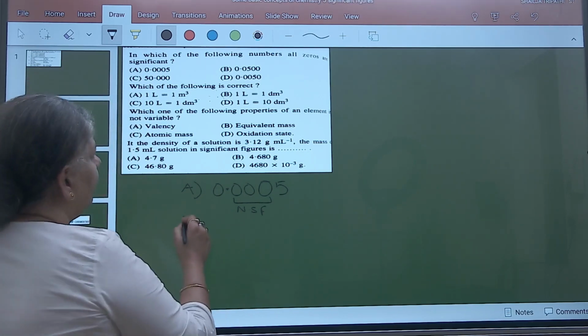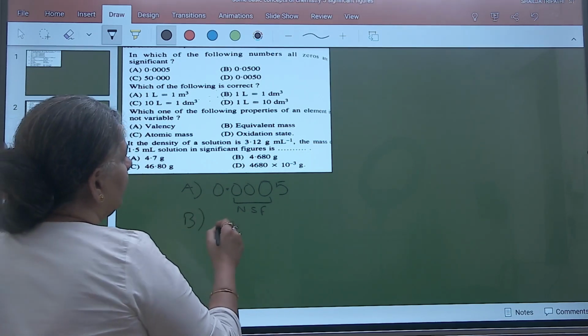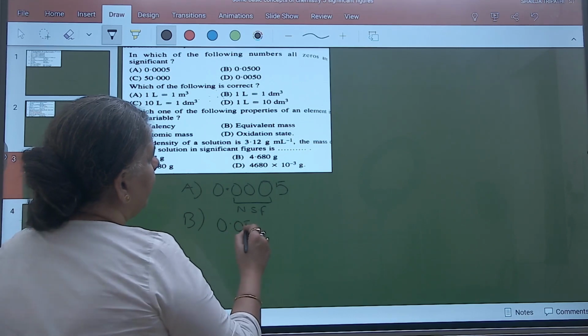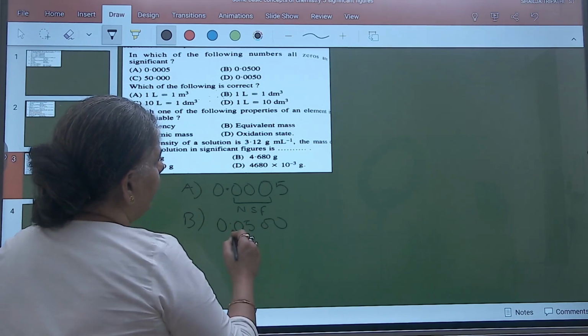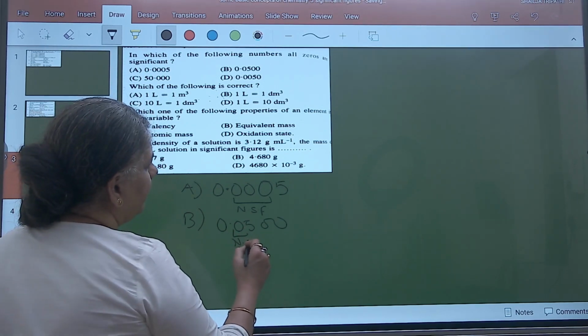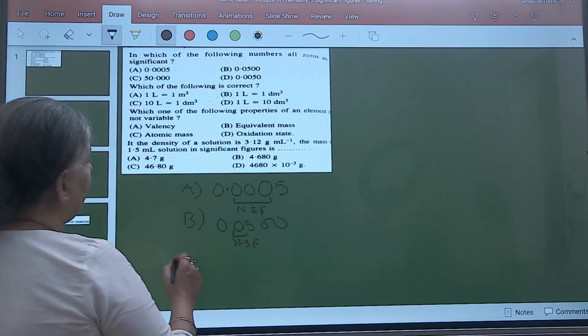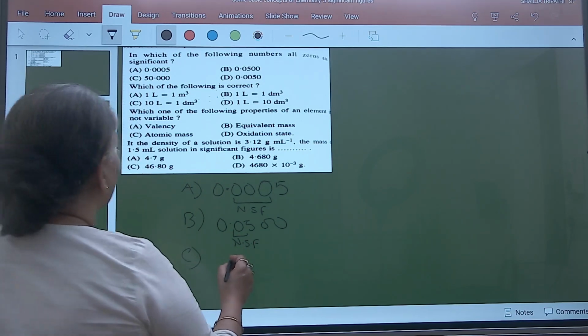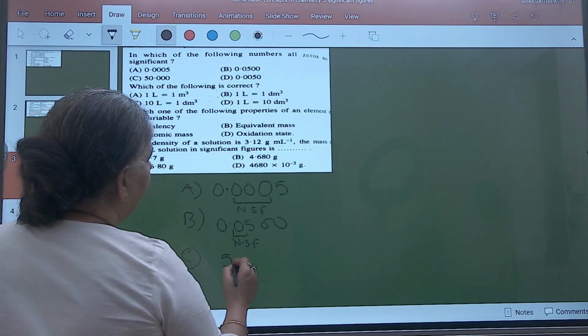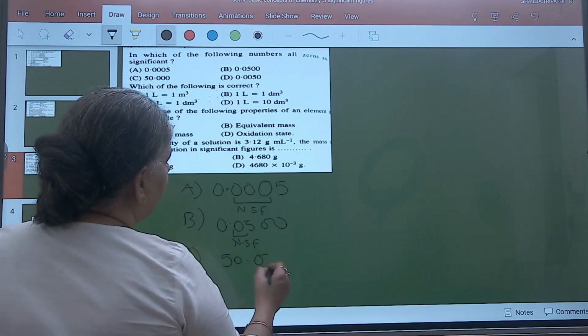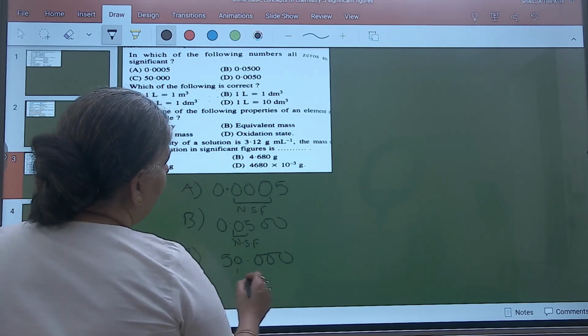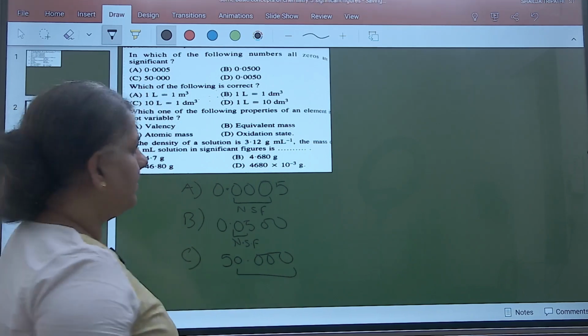Okay. And option B, 0.0500, again this 0 is not significant. Option C, 50.000. See, all the zeros are significant.